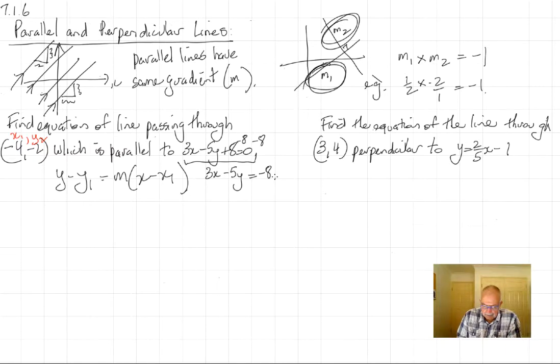We then need to take the 3x to the other side, and we get minus 5y equals -3x take 8. And we want to get y by itself. We don't divide by 5 because that'll give us -y. So we've got to divide by -5.